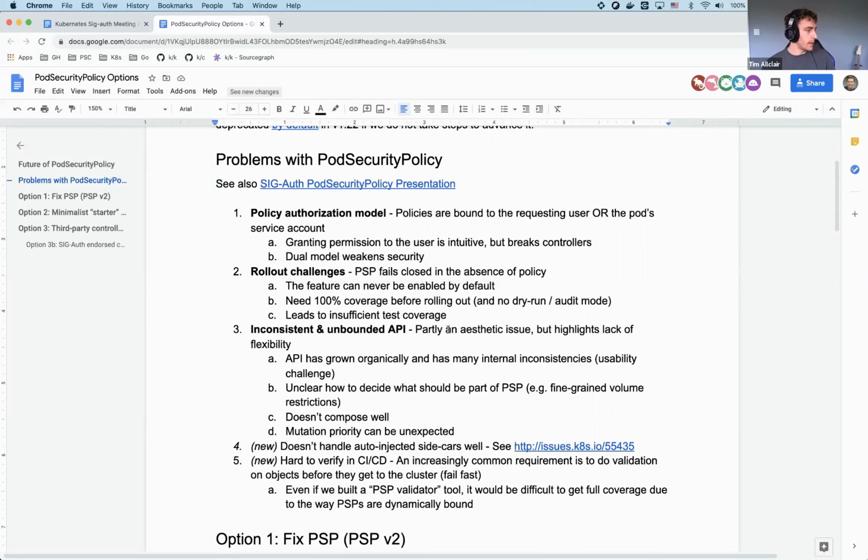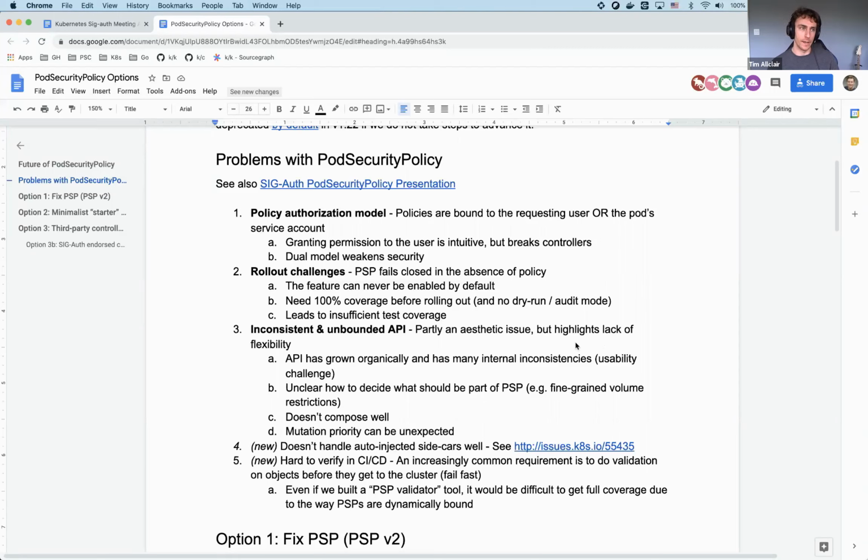And the third one that we've talked about in the past is the inconsistent and unbounded API that's grown organically over time. The inconsistency is mostly an aesthetic or ergonomic issue of the API. I see the unclear scoping as a larger problem as we get requests for limiting various things.